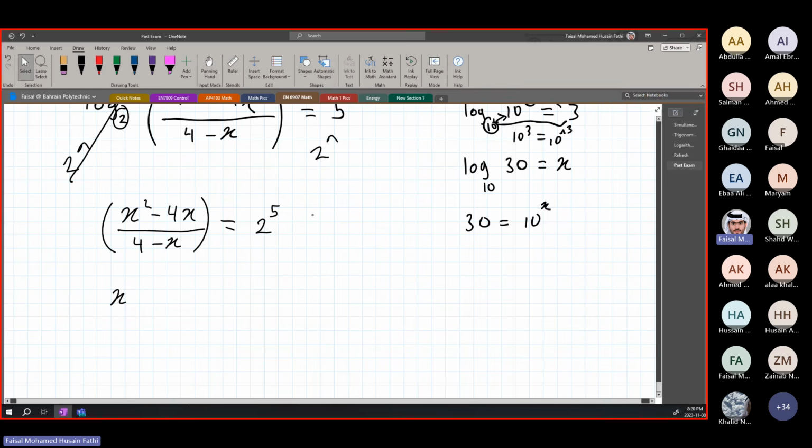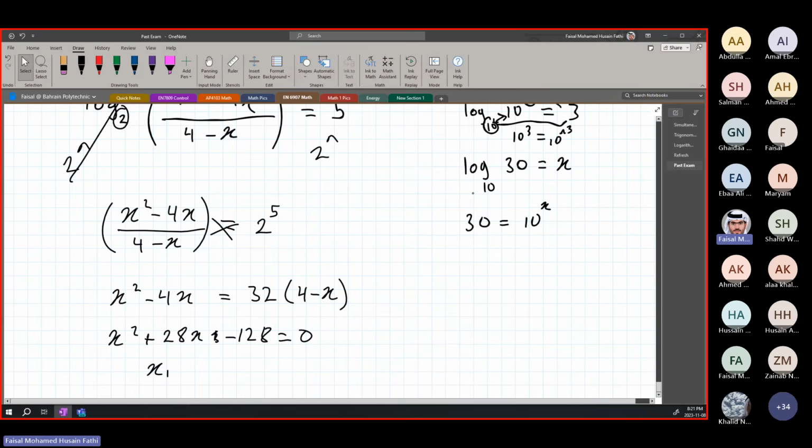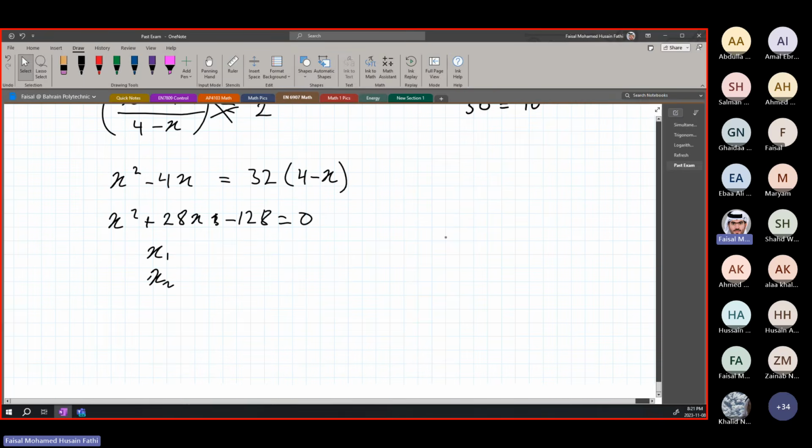So x squared minus 4x is equal to 32 times 4 minus x, just doing the cross multiplication. Then we solved the quadratic equation, which gave us x squared plus 28x minus 128 is equal to 0, giving x1 and x2.